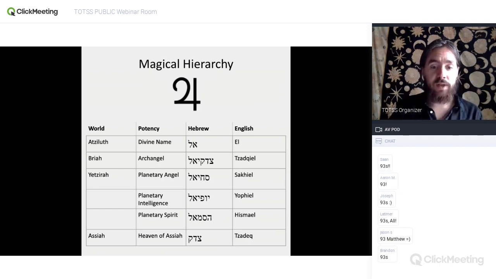And then finally, our heaven of Assiah has the Hebrew name for the planet Jupiter, and that's Zedek. Now you can see we've got Zedek and Zadkiel, right? The archangel's name is coming right from the name for Jupiter. And Zedek means something like righteousness.